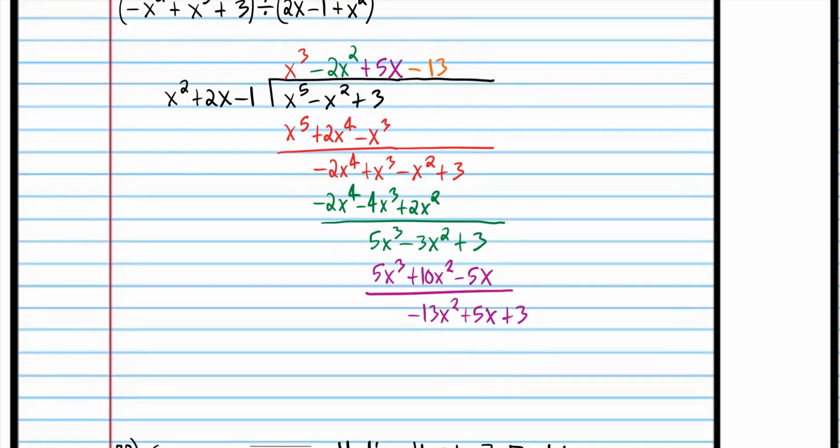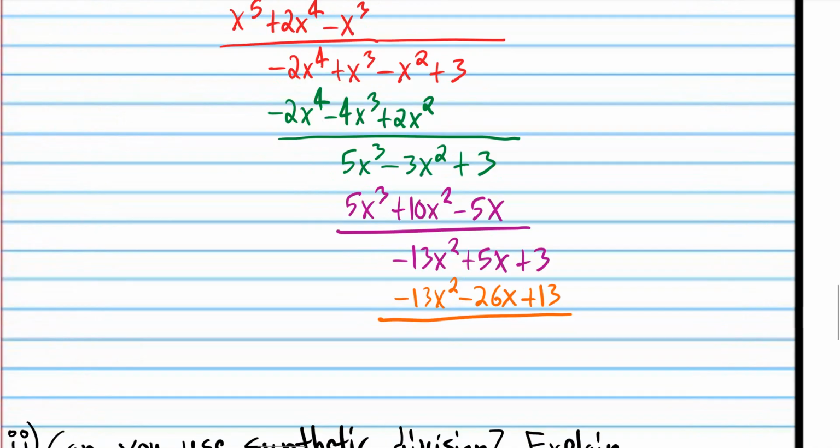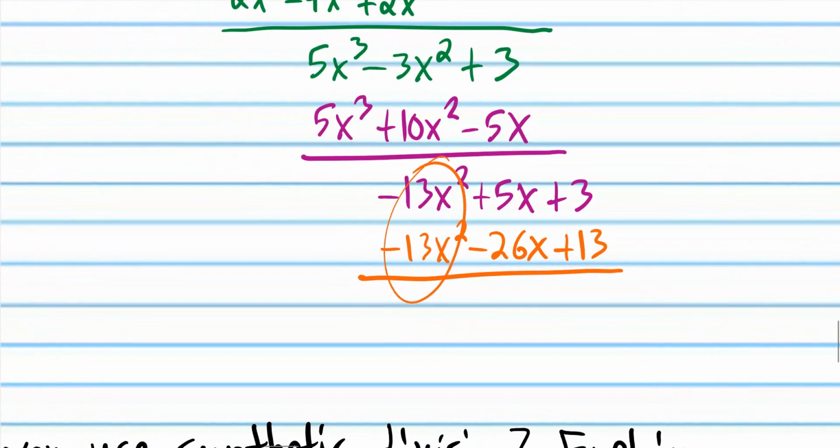So we have negative 13x squared minus 26x plus 13. Then we're going to subtract. These cancel out as they should. We have a double negative, so we end up with 31x, and 3 minus 13 is negative 10.